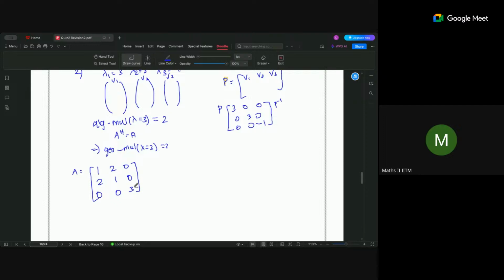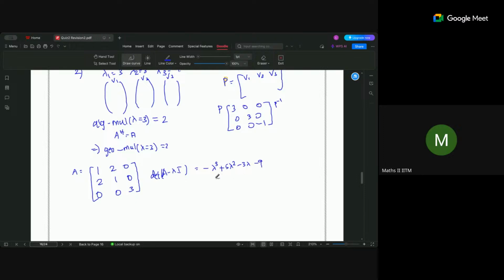So the characteristic equation: determinant of A minus lambda I is equal to minus lambda cube plus 5 lambda square minus 3 lambda minus 9. This is the characteristic equation.